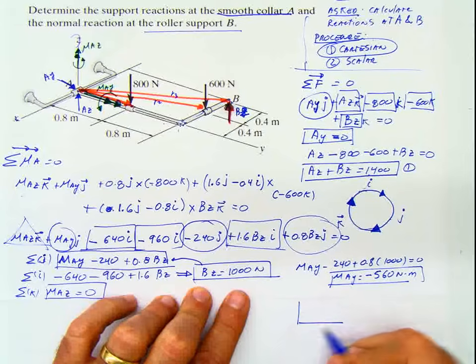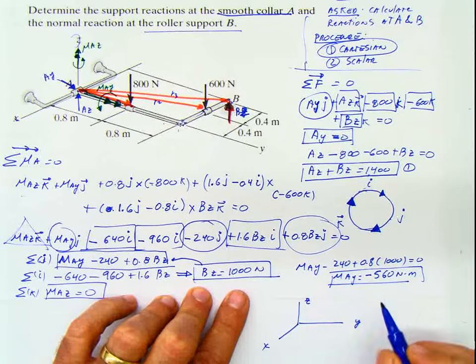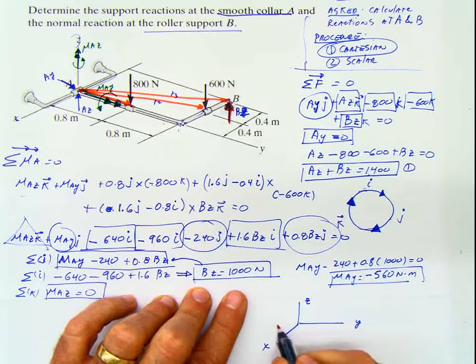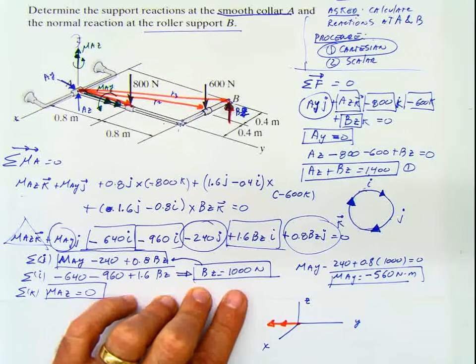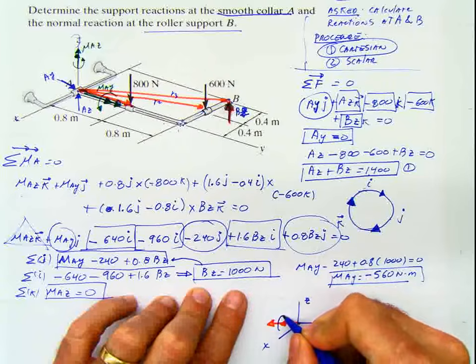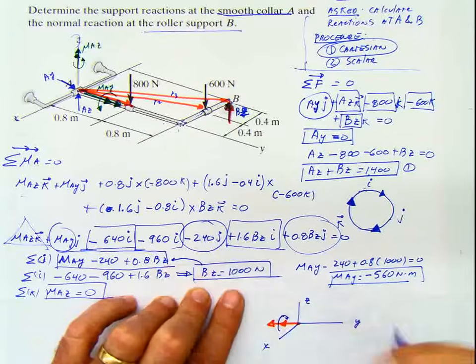So what I have to say is, if this is my y, this is my z, and this is my x-axis, that moment in y, originally I was assuming it going into that direction, but the moment in reality goes into this direction, the negative side of the axis.